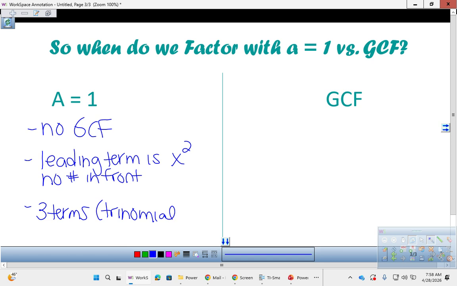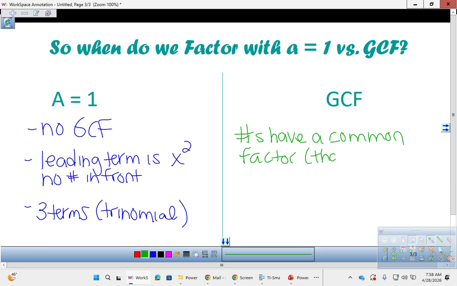And so a GCF is kind of like the dumping ground. If it's not A equals 1, it's probably this, okay? GCF is when numbers have a common factor that's not 1, or all terms have a variable.